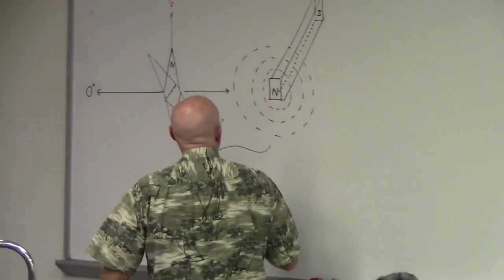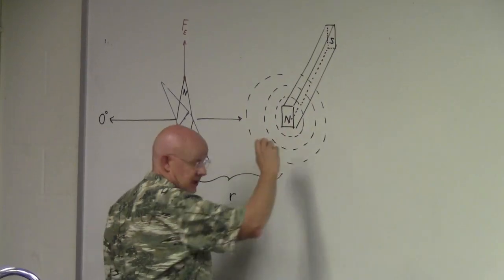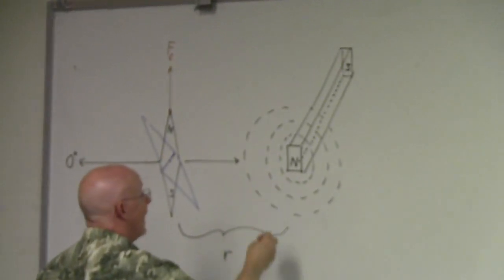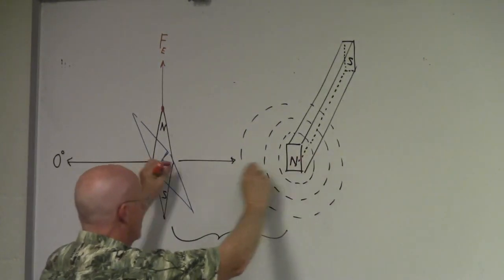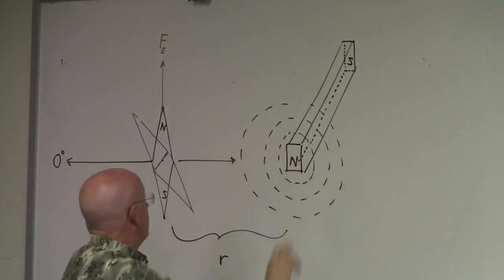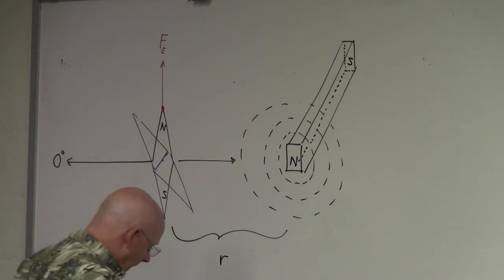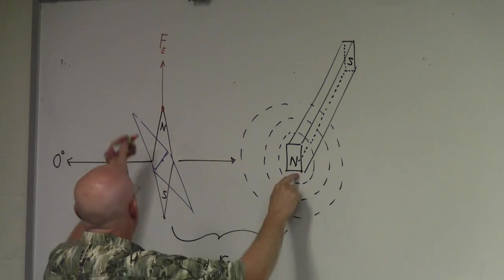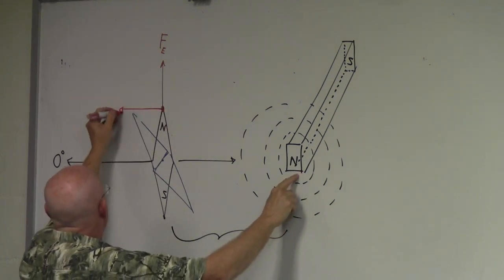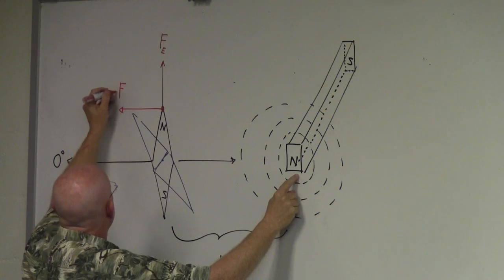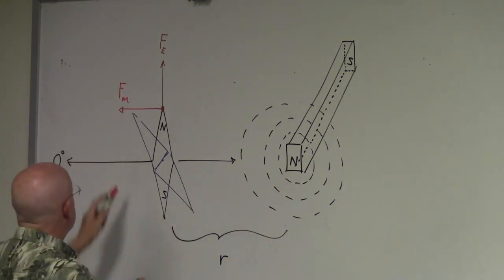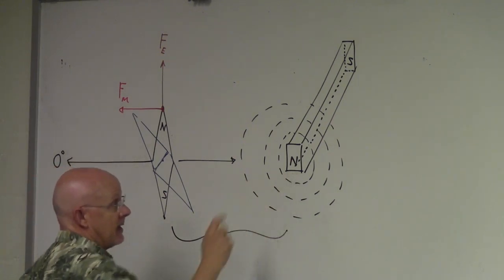So here's what I'm going to do. I am going to bring the magnet that I want to measure. This is the goal of the lab. How does the magnetic field change from this magnet? We know it's going to be really strong when these two are close and then taper off as we move it away. But hoping you'll see here, if I draw this in red, is that there would be a force, and I'll call it F magnetic, meaning the force coming from this magnet.